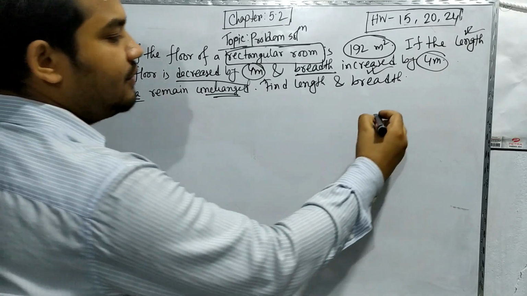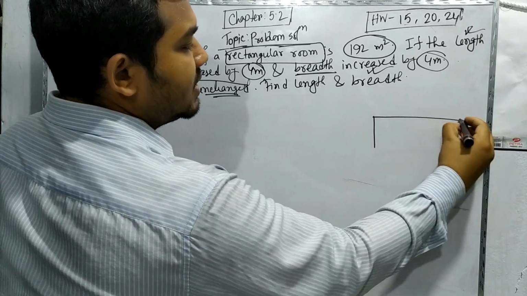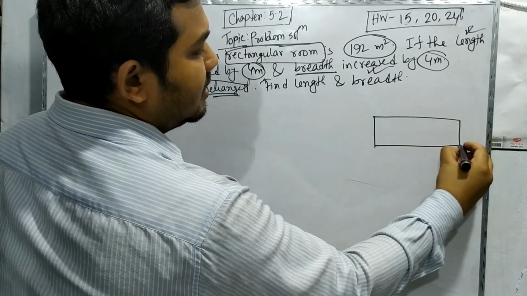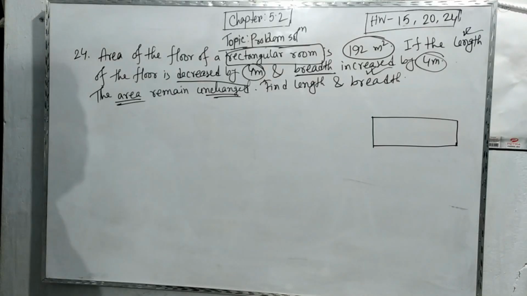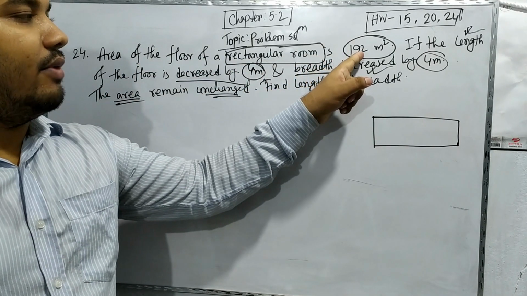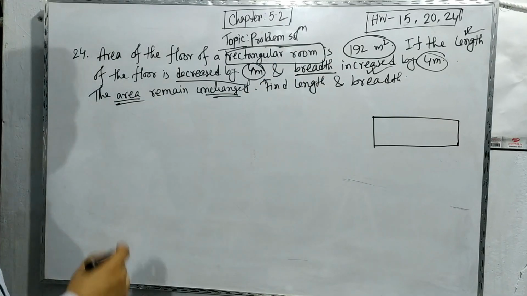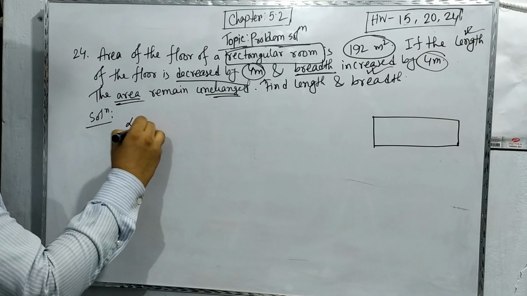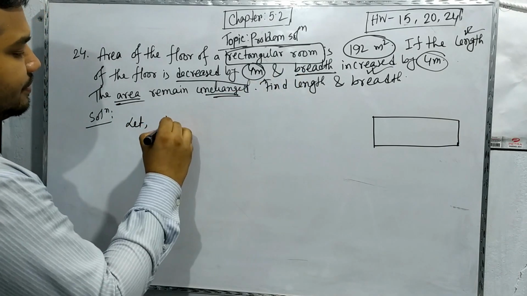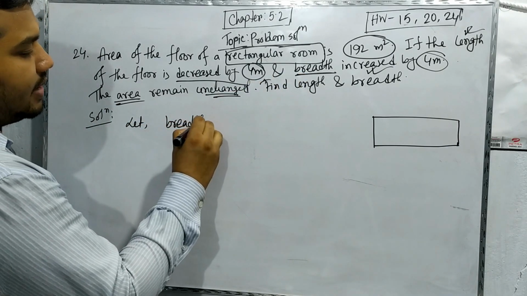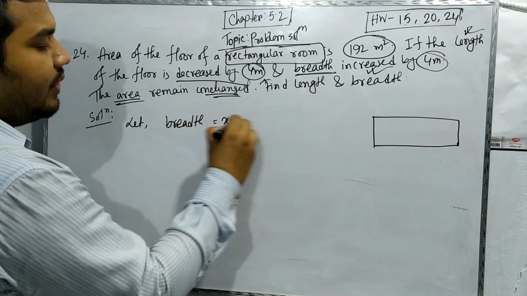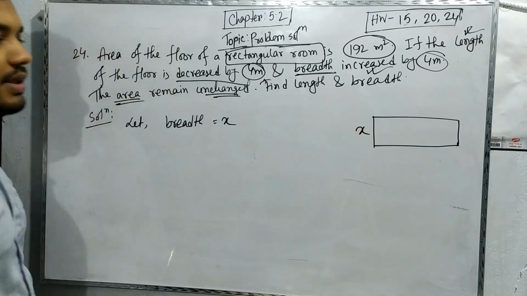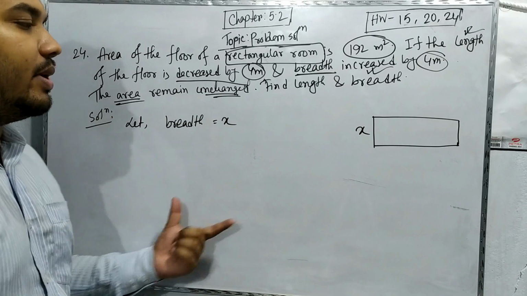So for our question, first suppose there is a room like this. This is a rectangular room, and since the area is given as 192, we can let the breadth equal x. Suppose our breadth is x, so what will be our length?